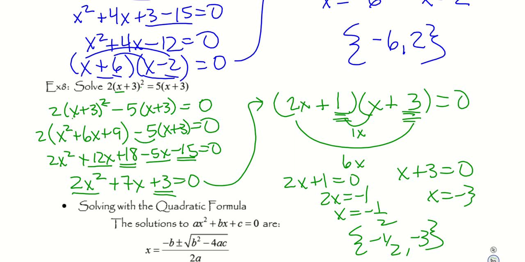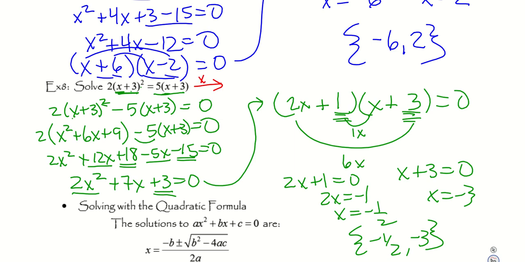If we check those in the original equation, if I put negative 3 in for both of my x's up here at the top, this becomes 0 squared, which is 0 times 2 is 0. The right side becomes 0 times 5, which is 0. That works. If I put negative 1/2 in, negative 1/2 plus 3 is negative 1/2 plus 6/2, which is 5/2. Right? 5/2 squared is, let's write this down.